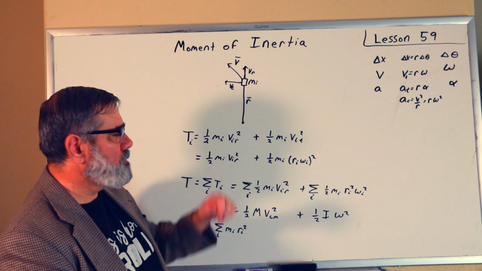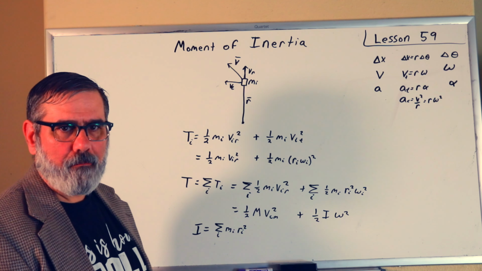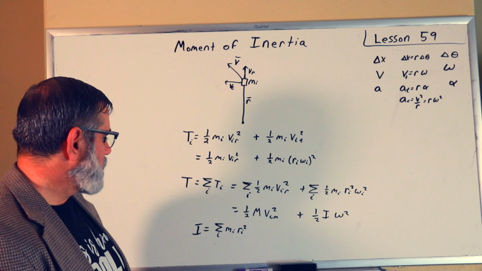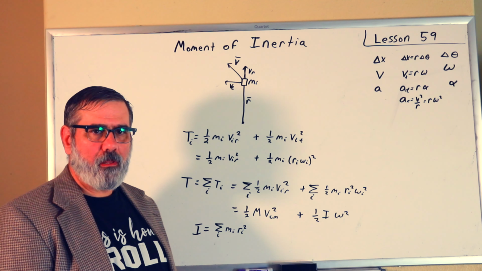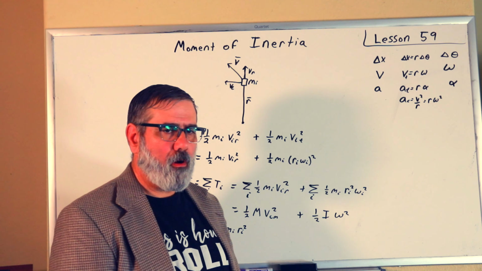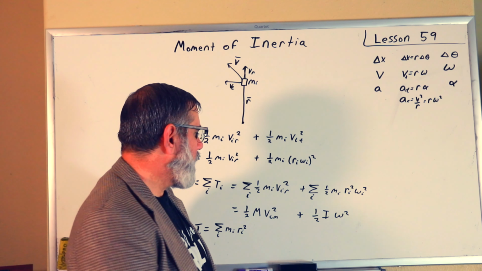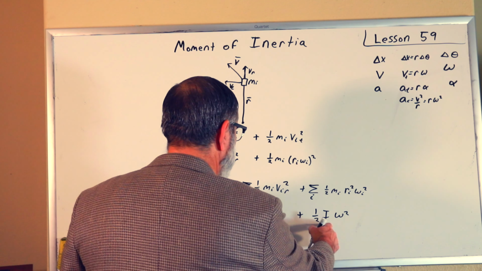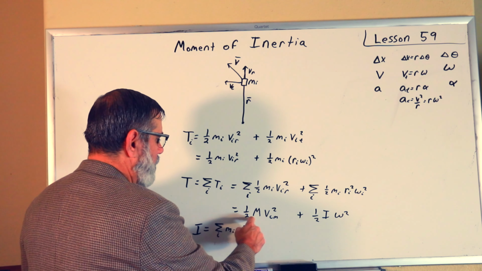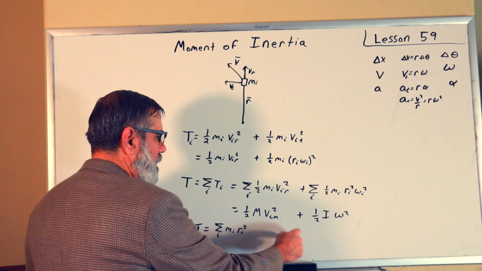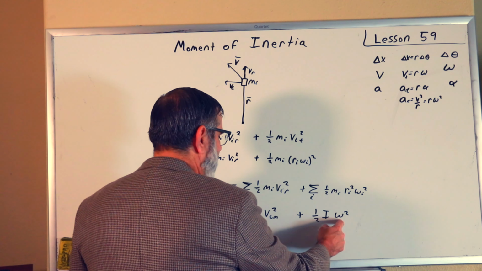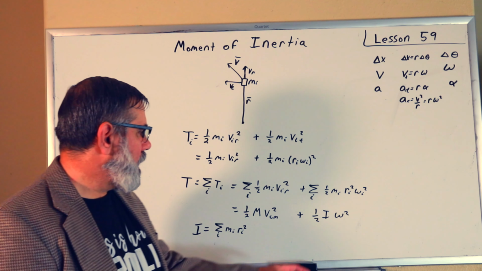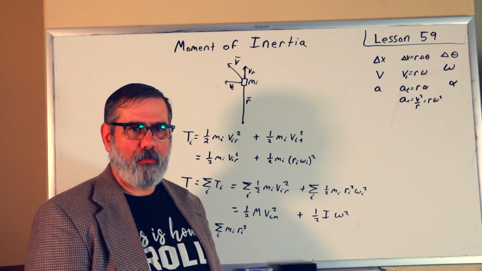So each particle will have a different r. In general this is a kind of complicated thing to calculate, and this we call the moment of inertia. And if you compare the two pieces, we've got 1/2 mass times velocity squared, and here we have 1/2 something times angular velocity squared. So you see why I say the moment of inertia is analogous to the mass.